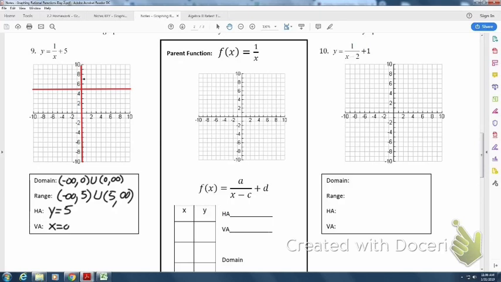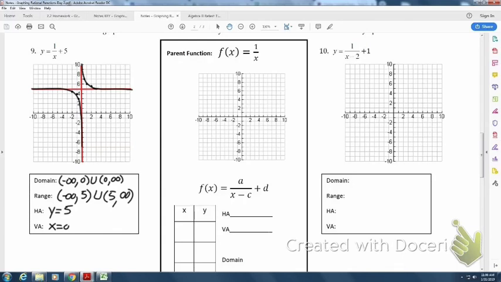And then I can go put those 6 points in. There you go.